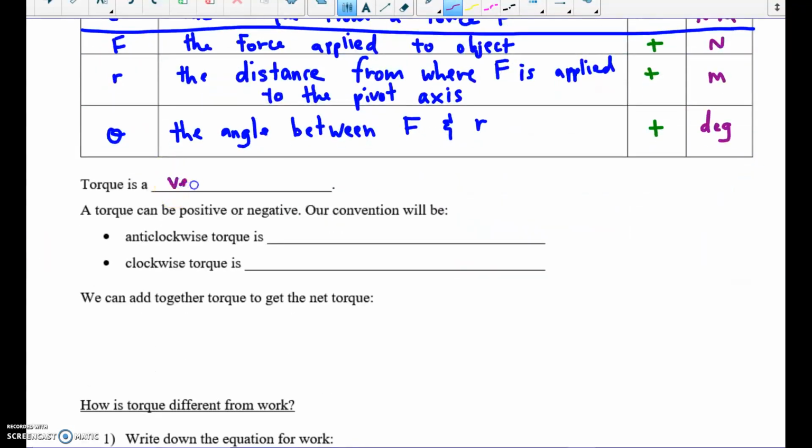Torque is a vector. It can be positive or negative, and that positive and negative sign shows you the direction. But the directions we're going to use are slightly different. If the object is rotating clockwise, we're going to make that negative. Clockwise is negative, and counterclockwise or anti-clockwise, as it's called, is positive.